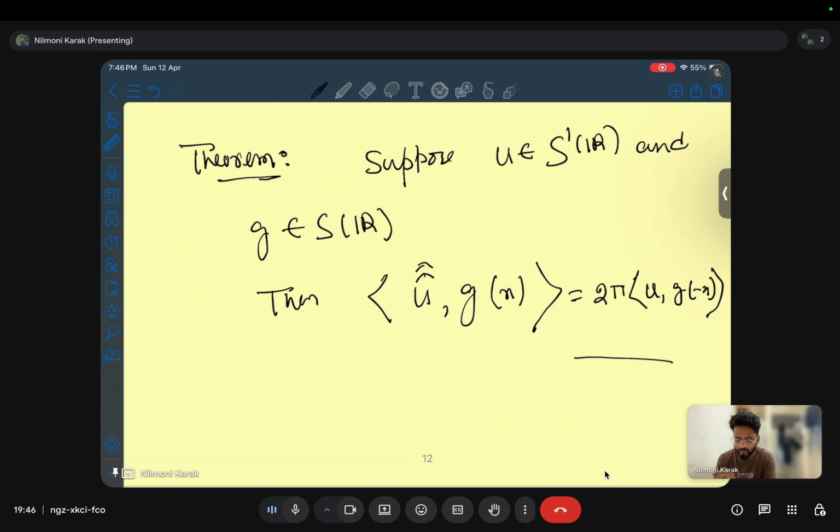Also, we can study tempered distributions in several variables again.